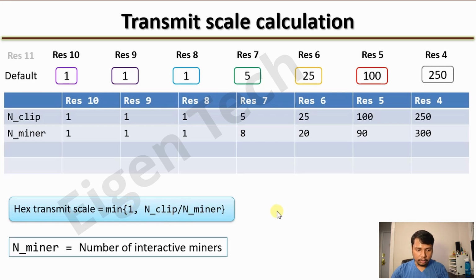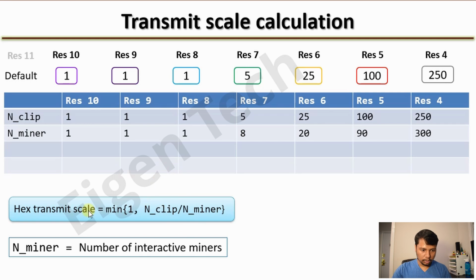One important point to remember is that n_miner is defined as the number of interactive miners. Interactive miners means those hotspots which have location asserted and whose beacon signals have been witnessed by other hotspots nearby. In other words, its beacon signal should have a valid witness. Non-interactive hotspots always have 0 reward scale.